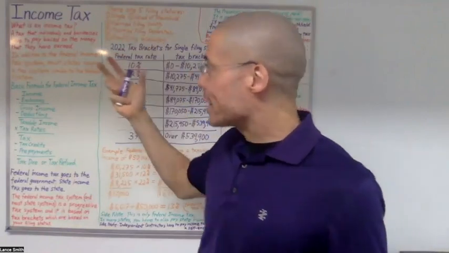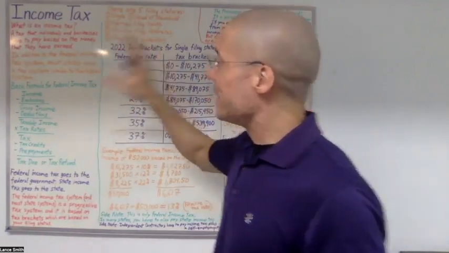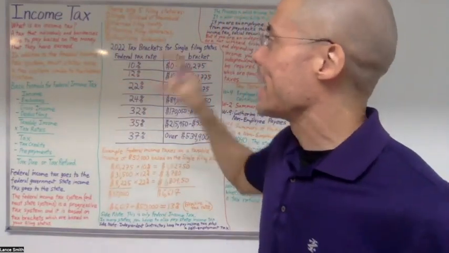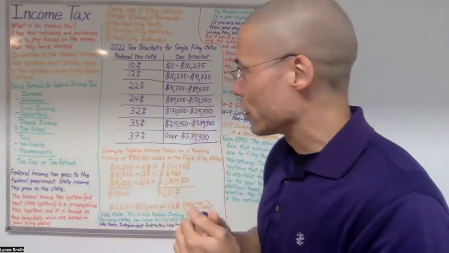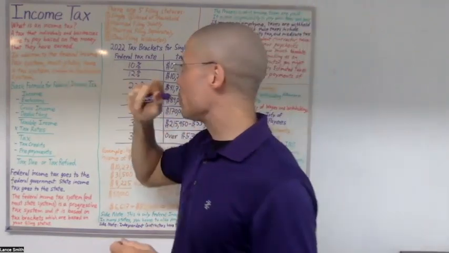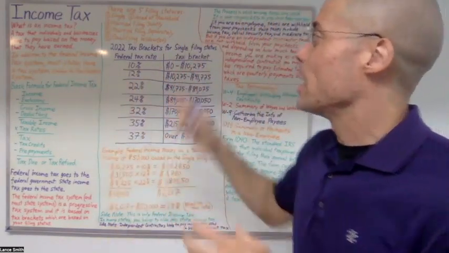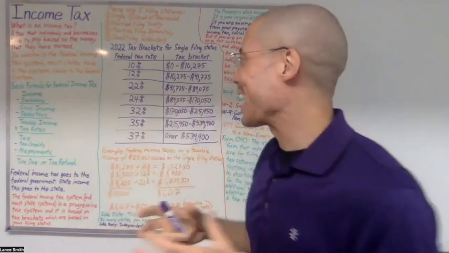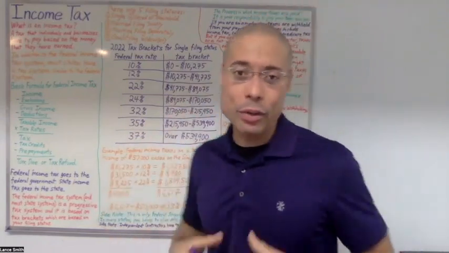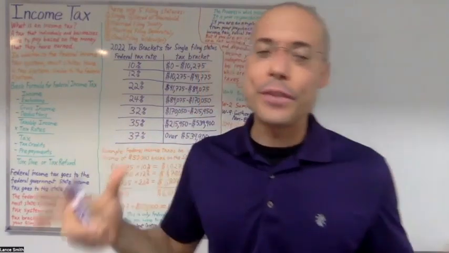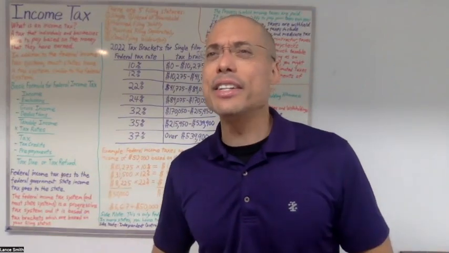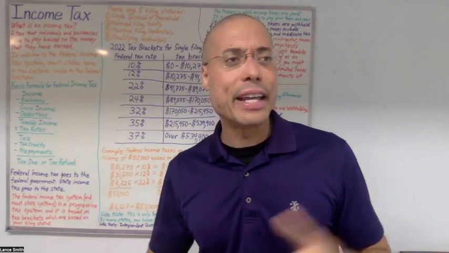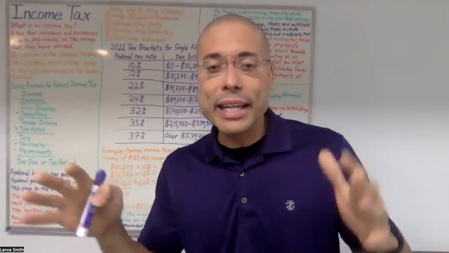Well, an income tax is a tax that individuals and businesses have to pay based on the money that they have earned. Now, in addition to the federal income tax system, most states have a tax system similar to the federal system. There's only a few states that don't have any state income tax, and some states have a flat state income tax.